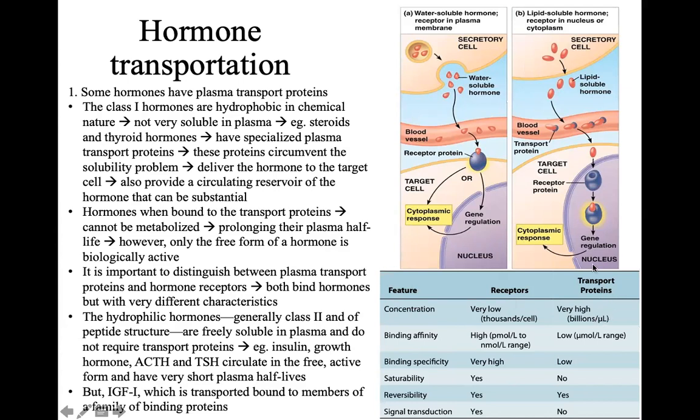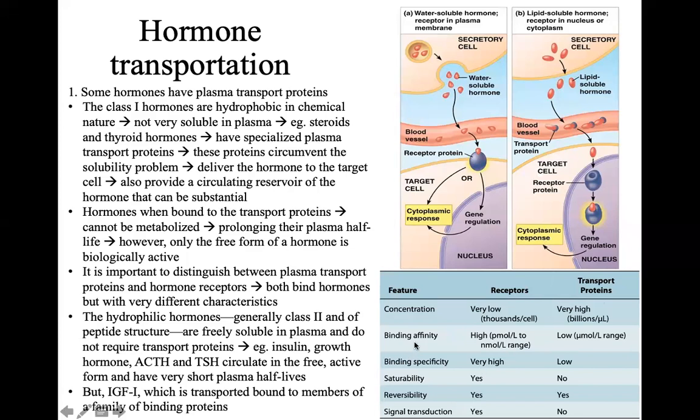In the lipid soluble condition, the transport protein concentration is very high. You need more transport protein because lipids are not readily dissolved in the bloodstream. You need a very high concentration to make sure that your body can handle the increasing amount of lipid hormones.